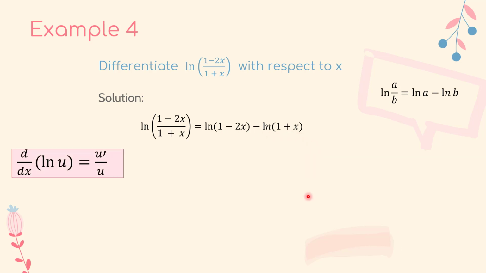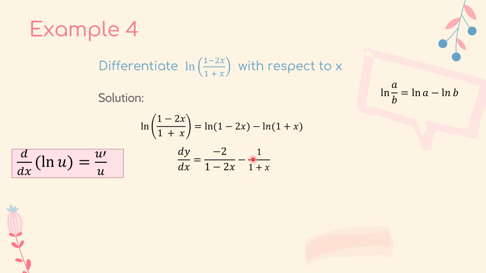Now, we can use the derivative of ln u, which is u prime over u. Here, u prime is minus 2, divided by u, which is 1 minus 2x. And then for ln(1 plus x), the derivative of u is 1, and u itself is 1 plus x.